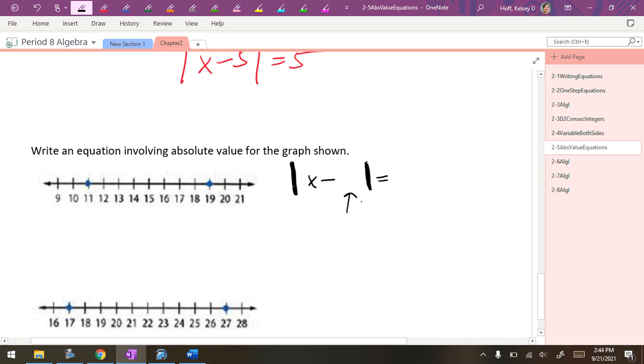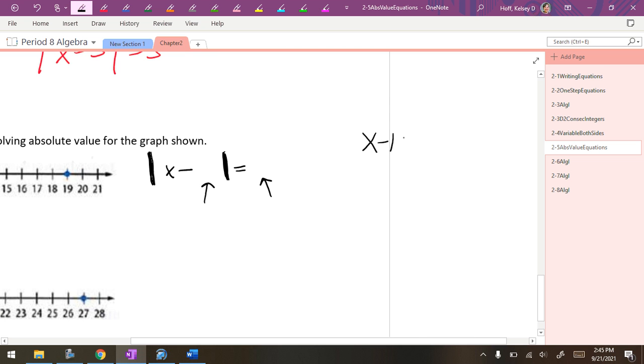Again, here is our goal. It equals our give or take. What do you think our goal is? 19. What's my give or take? Okay. So x minus 19 and my give or take is 11. So that would mean x minus 19 equals 11 and x minus 19 equals negative 11.